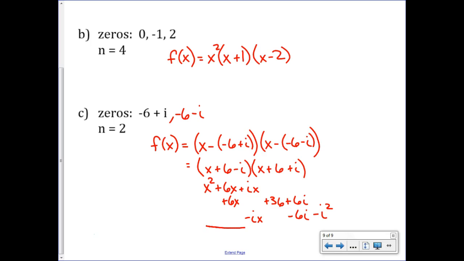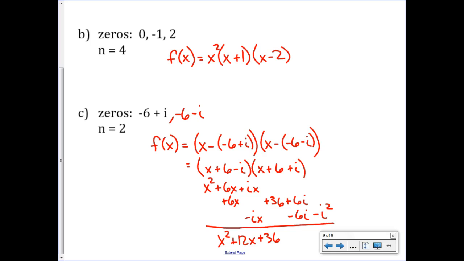And notice I wrote that so that I could combine these pieces pretty easily. So I have x squared here. And then I have 12x, positive 6x, positive 6x. And then this ix, negative ix cancels. Then I have plus 36. And I have 6i, negative 6i, those cancel.